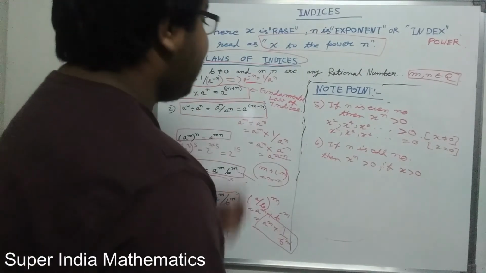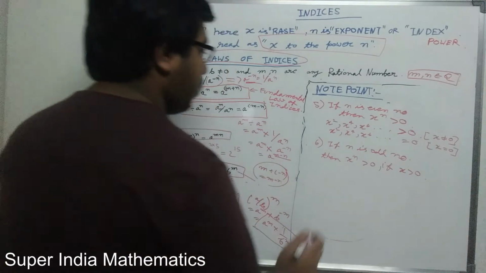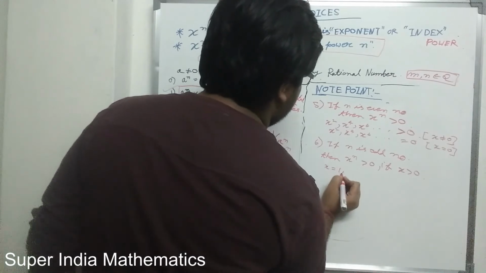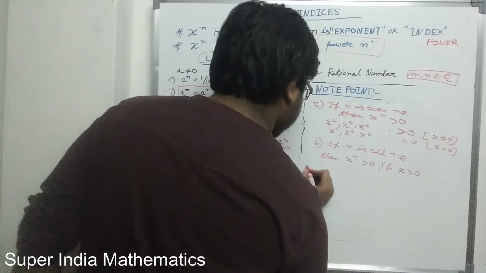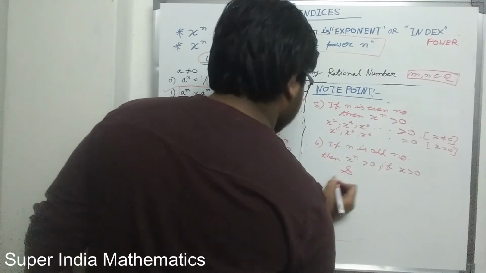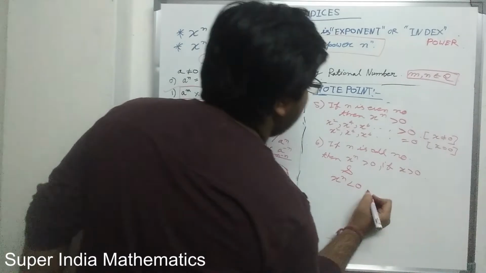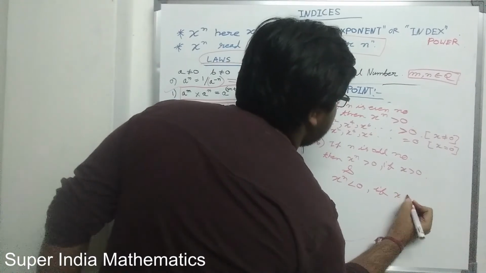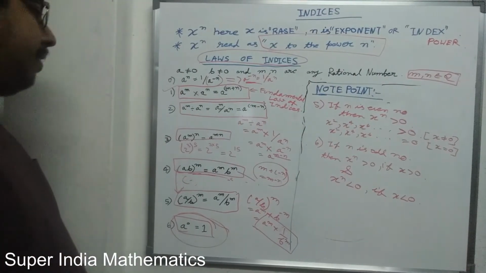That means x is a positive number, 1 or any positive number. And x to the power n is less than 0 if x is less than 0.